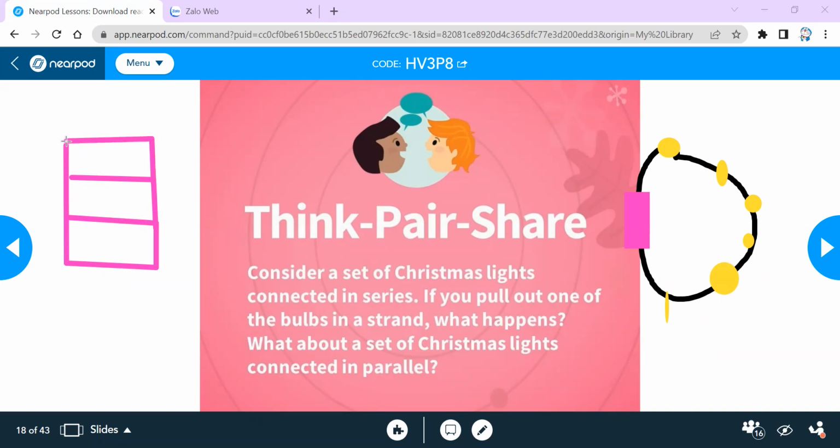Now, question: I have two different circuits. One is in series, one is in parallel. The question is, what happens if you pull out one of the light bulbs? What happens to the rest? Does the rest still light up in the parallel circuit? Yes or no? Or in the series circuit? Yes or no?